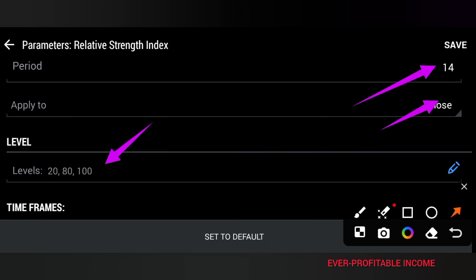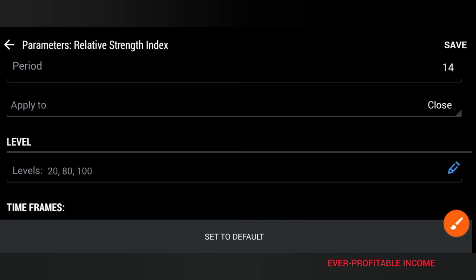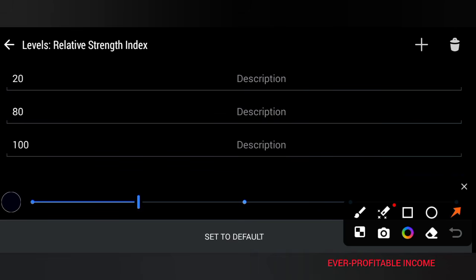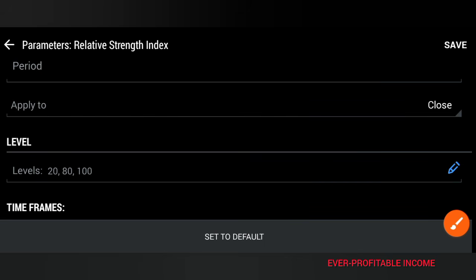If you want to edit the levels on your own, just click on that pen icon right there, and it's going to open up this interface where you can edit the level. So you just type in the level you want on each column. If you want to add more levels, click on this plus icon to add more levels. Thereafter you click on save.